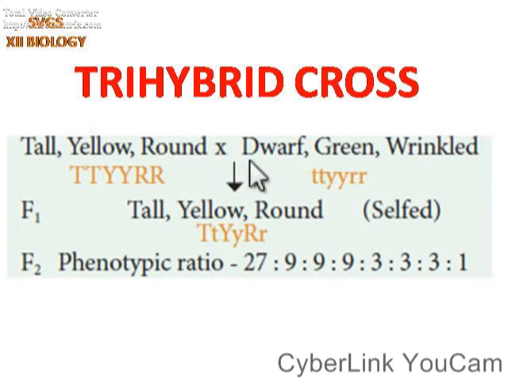So these three contrasting characters have been taken, and these two parents are hybridized. So here is the representation given in capital letters, that is the dominant one, and this is the recessive one.